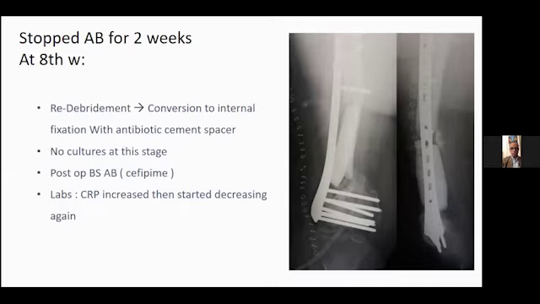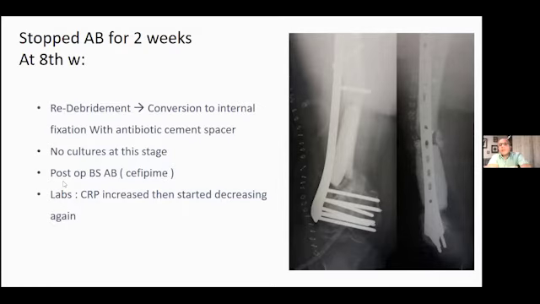If we have no growth, we still need to do another culture before deciding to put internal fixation. One stage conversion to internal fixation without having an organism is really risky, I think.